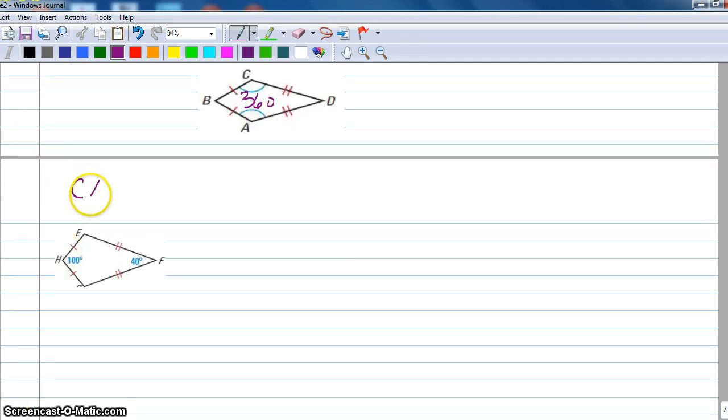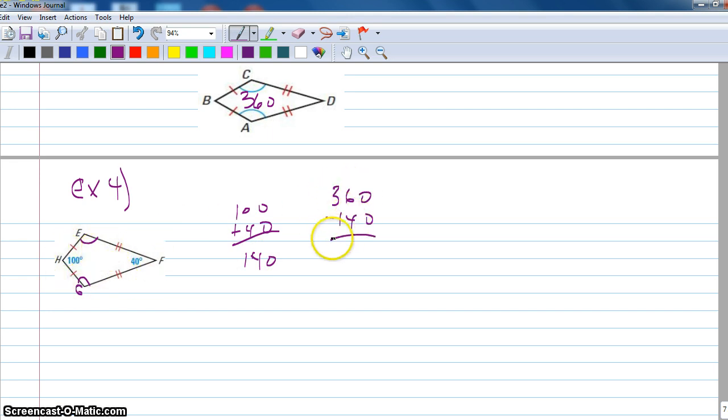Alright, so here is example 4. That's 100, that's 40. Remember, they're not equal. Only E is congruent to, that's supposed to be G. E is congruent to G right here. So we have 100 plus 40 is obviously 140. Now, these two are equal. And this is a quadrilateral. There's 4 sides, so there's 360 inside altogether.